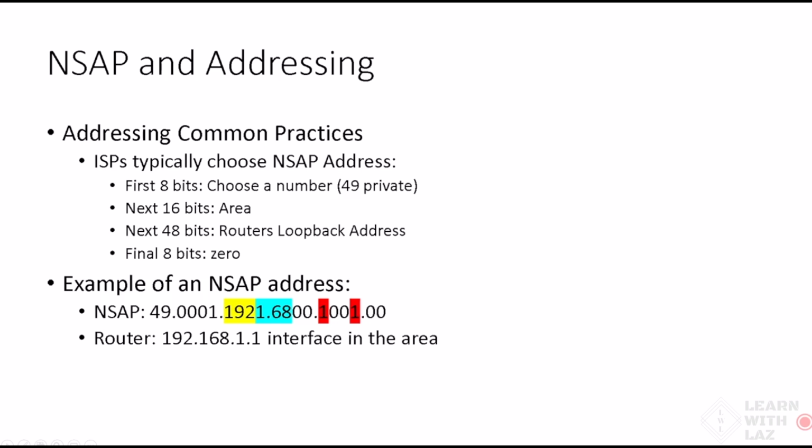So these are the addresses that ISIS needs in order to function, to know you're in this area or that area, and in order to be able to use all the different CLNS, connectionless network service protocols that it's using. So this is what an NSAP address is.